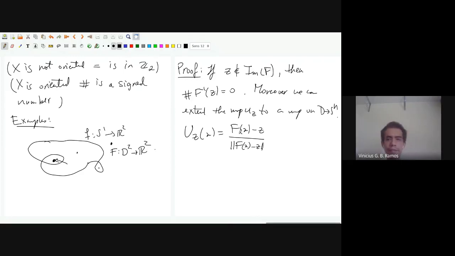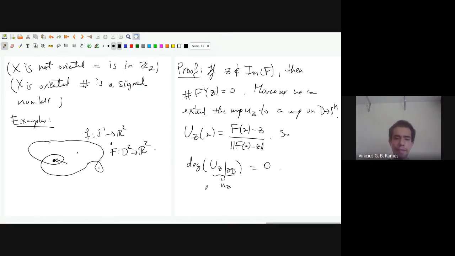Okay, and then basically using the same proof as before, the degree of this map, because it can be extended to a compact manifold with boundary, has to be 0. So the degree of this map restricted to the boundary of D, which is the same as uz, has to be 0. So in the case that z is not in the image, it's pretty trivial that they coincide.